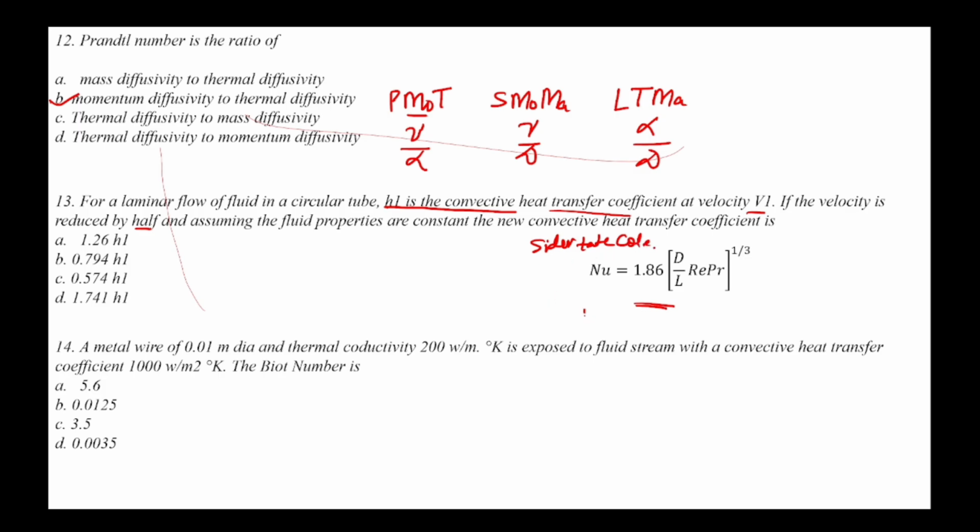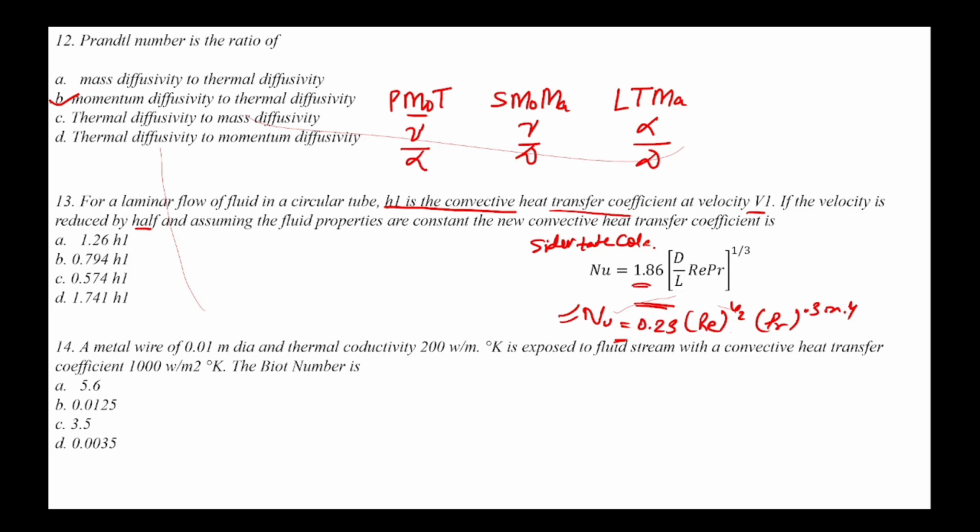That is a different equation: Nusselt number is equal to 0.023 Reynolds number to the power 0.8, Prandtl number to the power 0.3 or 0.4 depending on heating or cooling. This is called the Dittus-Boelter correlation. Just check it once. We have solved a question on this from GATE 1990.